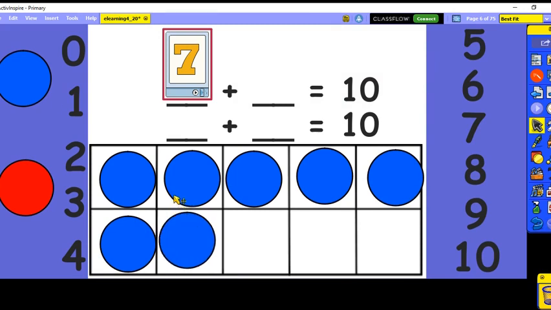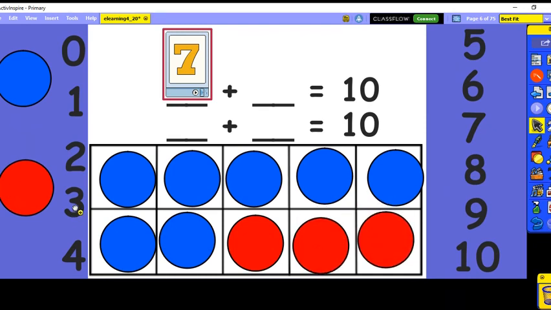Okay, how many empty spaces do we have to make 10? 7 plus what makes 10? Let's see. 7, 8, 9, 10. So we have 7 and 3 make 10. So 7 plus 3 equals 10.